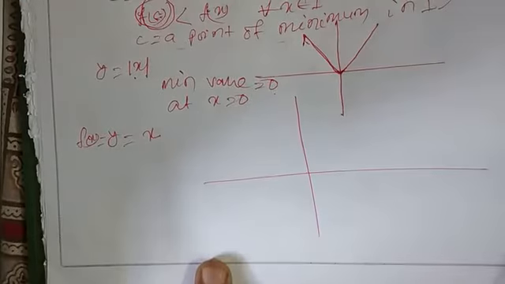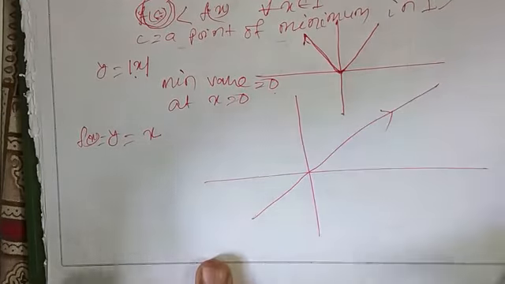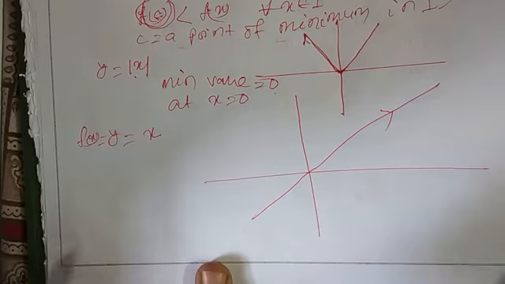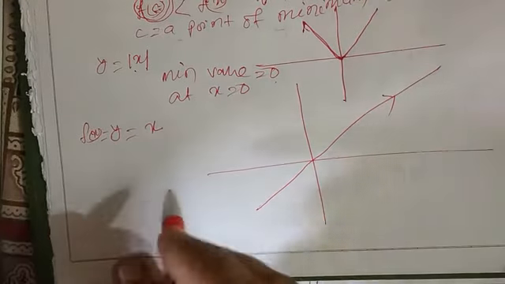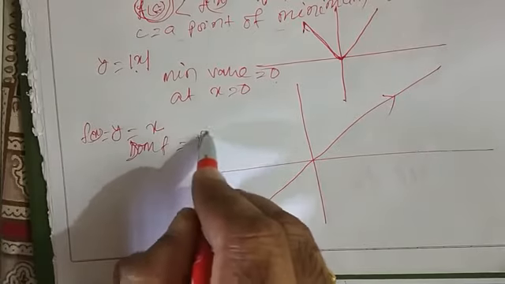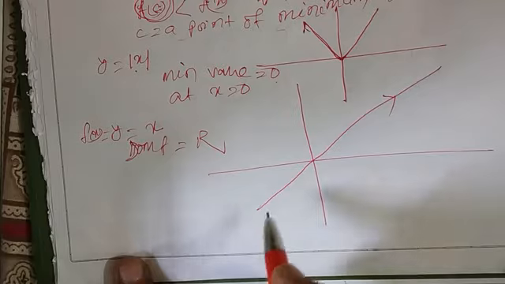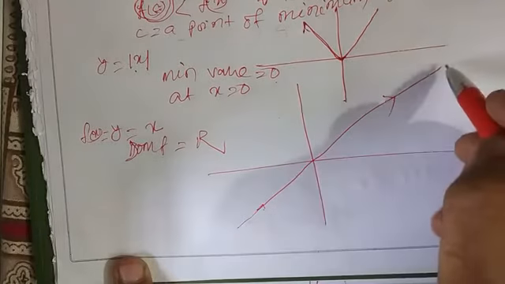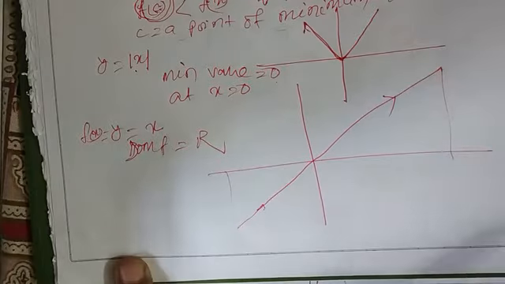It is a straight line passing through the origin, making an angle of 45 degrees with the x-axis. Now let me specify, what is its domain? It is the set of real numbers. And you find I cannot get the lowest or highest value of y.